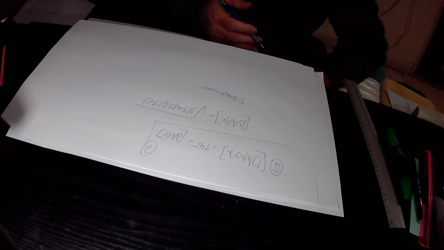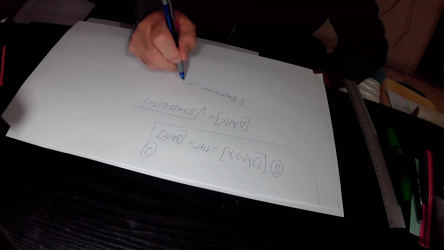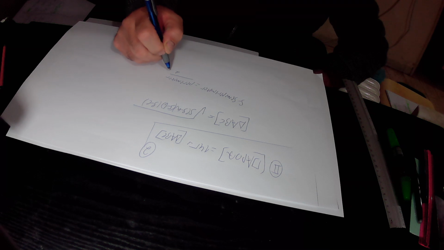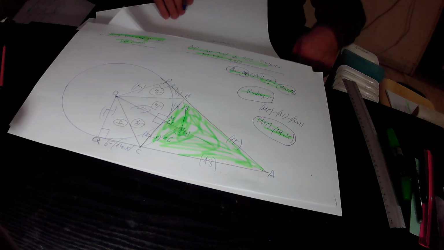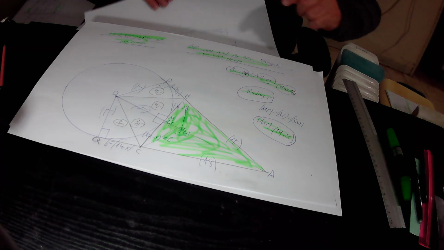The semi-perimeter of any triangle equals the perimeter over 2. And the perimeter of any triangle is equal to the sum of its 3 side lengths. In our case, the perimeter of this triangle ABC equals 16 plus 14 plus 18.